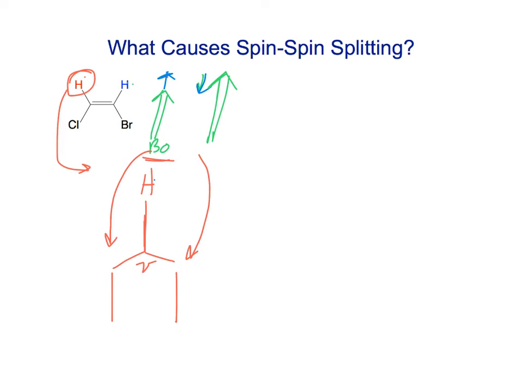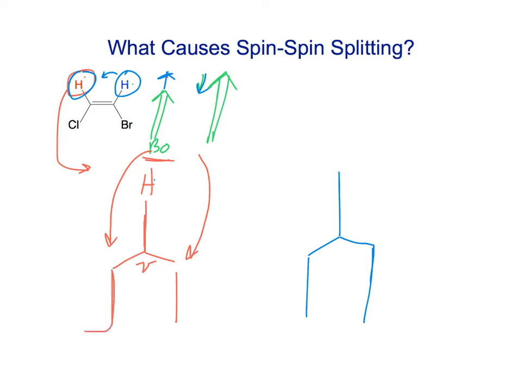The blue one would be the same, right? Because it has 1 proton next to it. So the blue one would start out with a single peak, and it would be split into 2. The red one sees 1 proton next to it, N plus 1, 1 plus 1, we get 2 peaks.